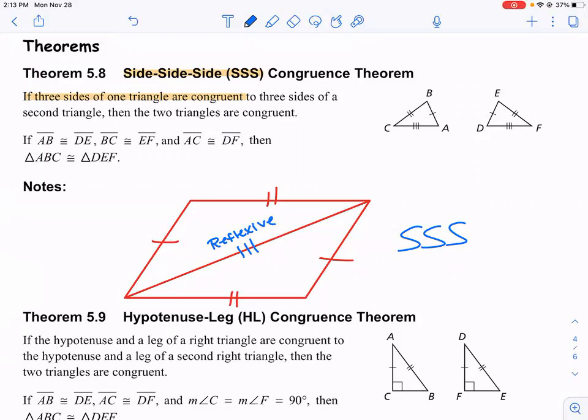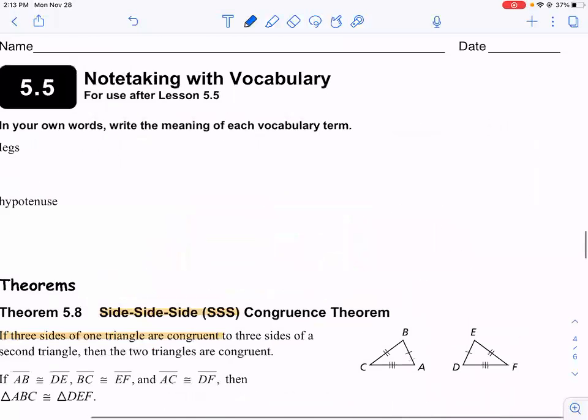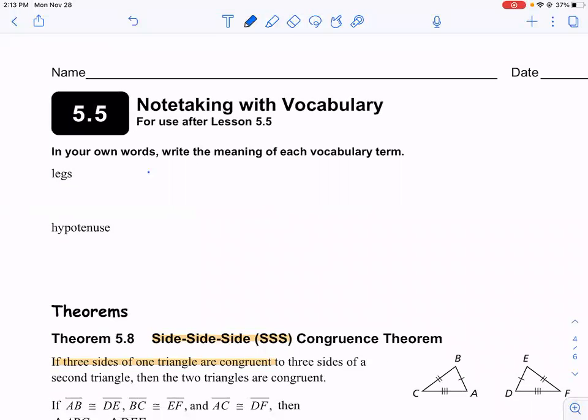If you have all three sides congruent. But it's not all the time that our triangles are gonna share a side. But when our triangles share a side, we're gonna have to use that reflexive property.